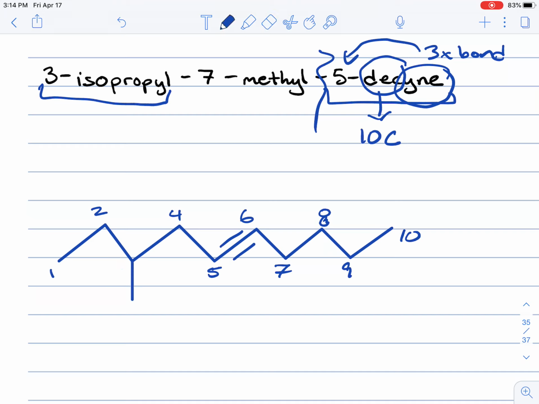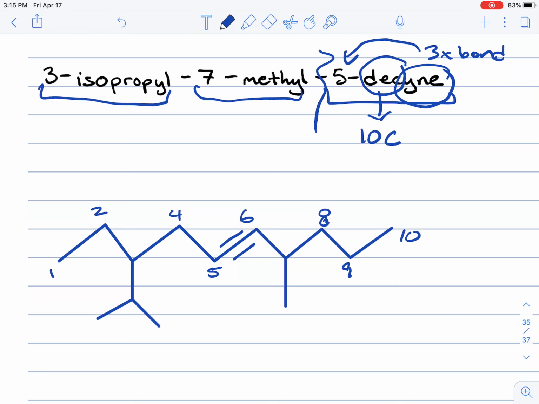Propyl means 3, and iso means there's symmetry. All right, and so that's going to be my 3-isopropyl. Next thing is my 7-methyl. And I'm going to go ahead and erase that 7 and replace it with a methyl group. Okay.